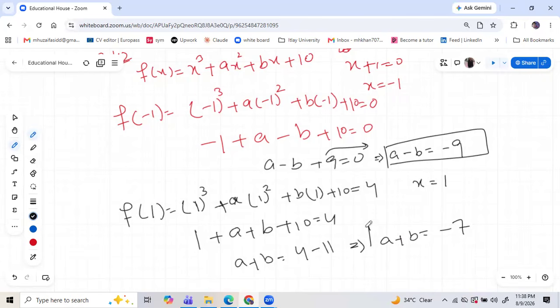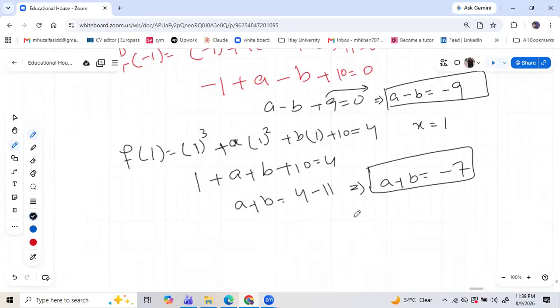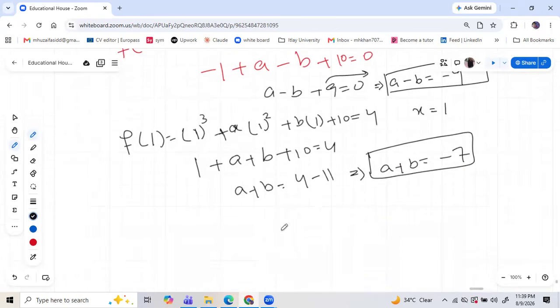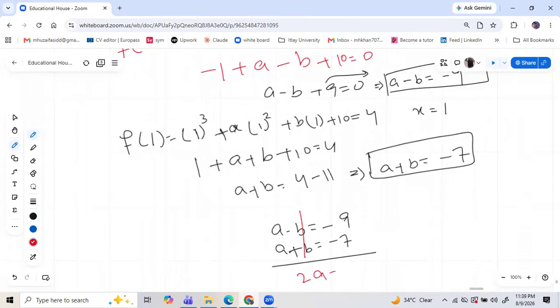Now we want to find the values of a and b. Then we are using the simultaneous equations. So our simultaneous equations: a minus b is equal to minus 9, and a plus b is equal to minus 7. From here, look at it here, if we add, b cancels to 0, so 2a is equal to minus 16.